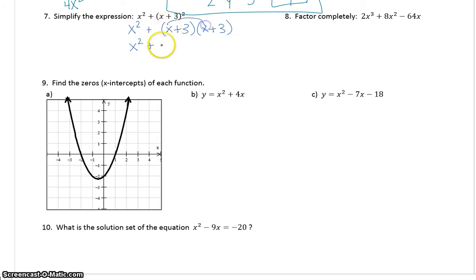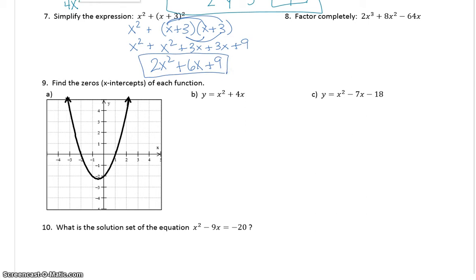So we have x times x is x squared, x times 3 is 3x, 3 times x is 3x, and 3 times 3 is 9. If you recognize the special pattern there, that's perfect. But at this point we're going to combine like terms. x squared plus x squared is 2x squared, 3x plus 3x is 6x, and then plus 9. That's as far as you can go.